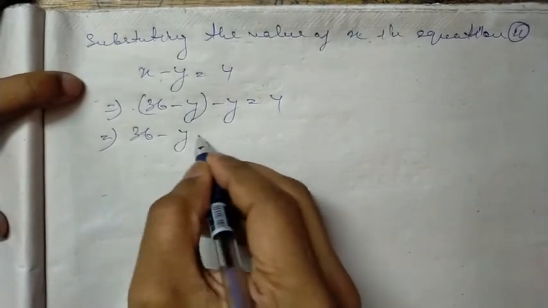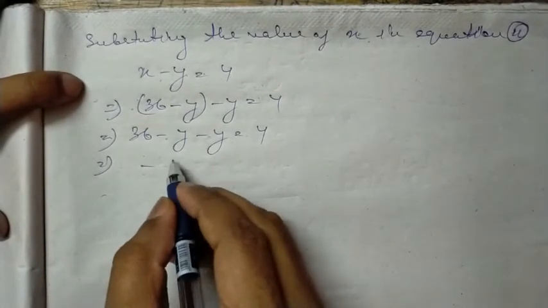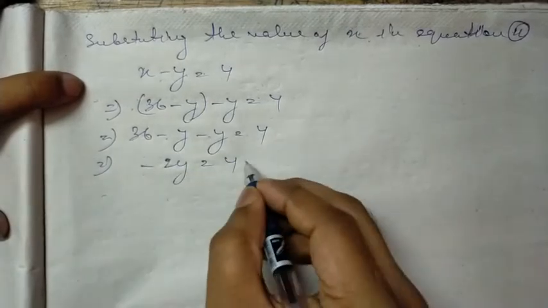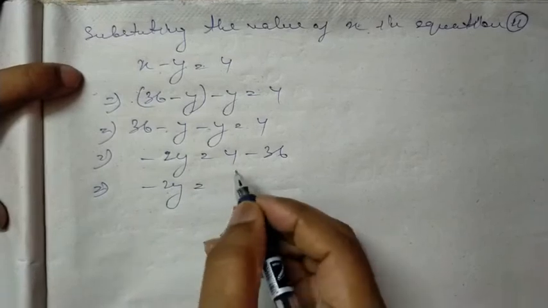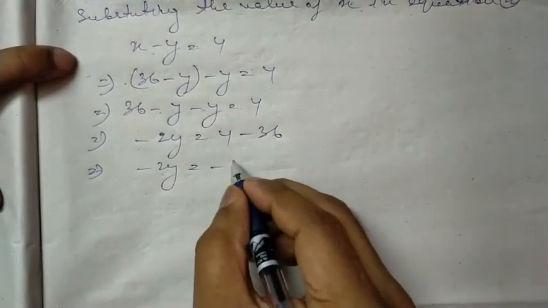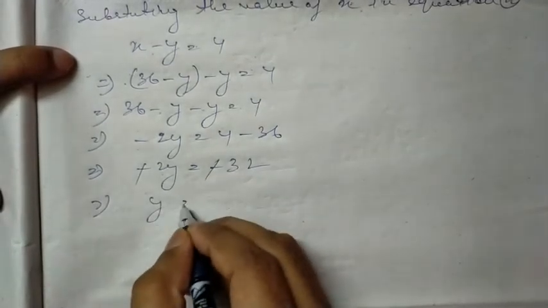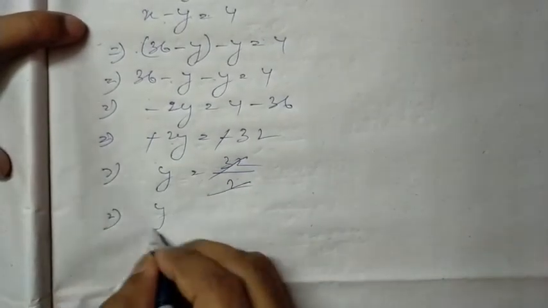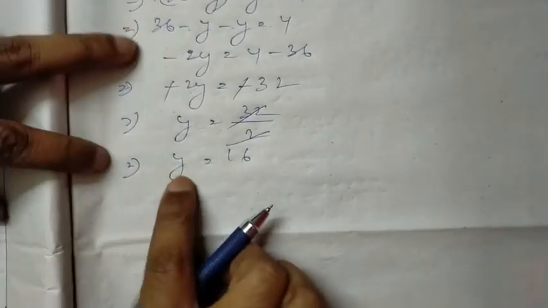Minus y minus y will be minus 2y. The 4 goes over there, so minus 2y is equal to 4 minus 36, which is minus 32. Minus will be cancelled. y is equal to 32 by 2, so y is 16. So we got the y.